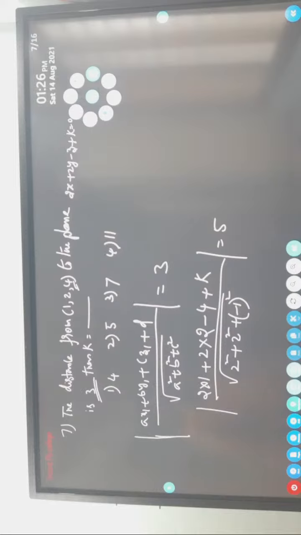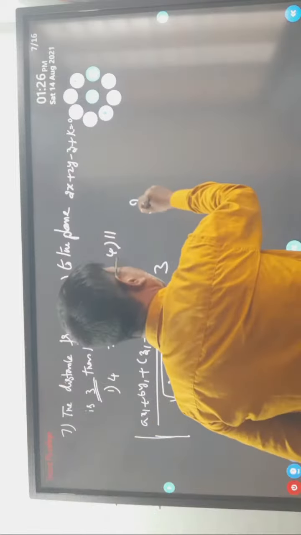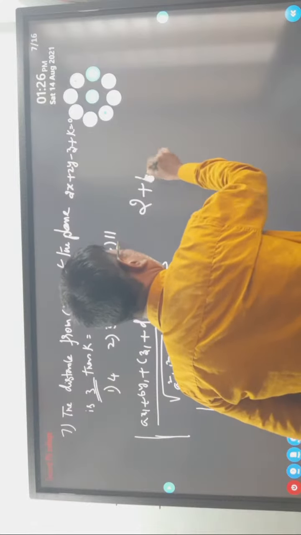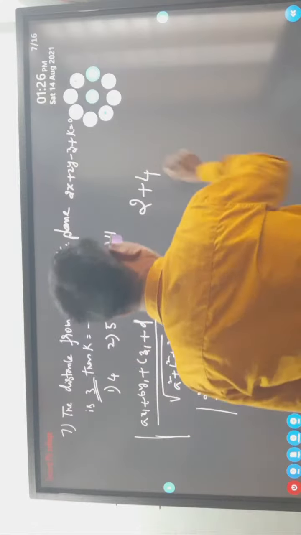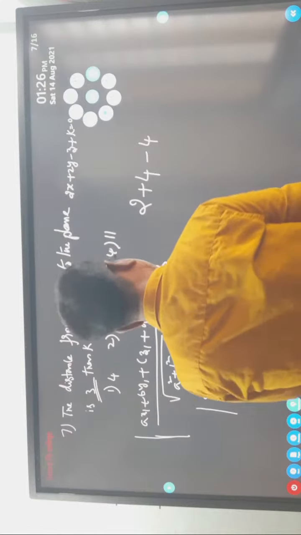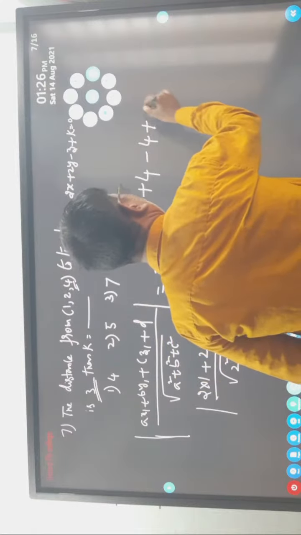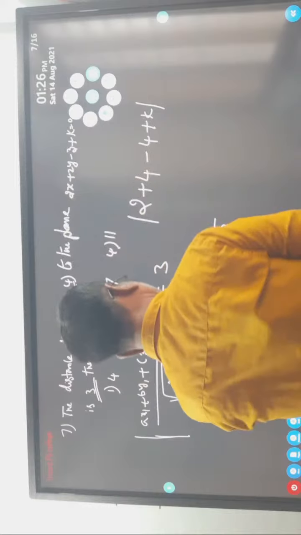So find out the k value. After simplification, 2 plus 4 and minus 4 plus k, modulus, equals how much? This is 3 into 3.